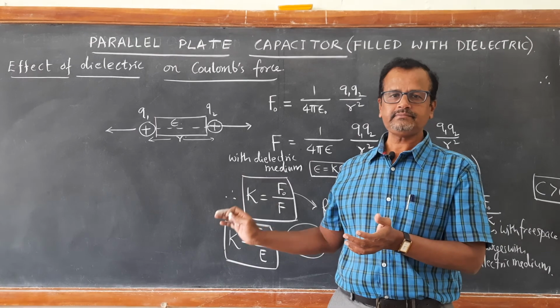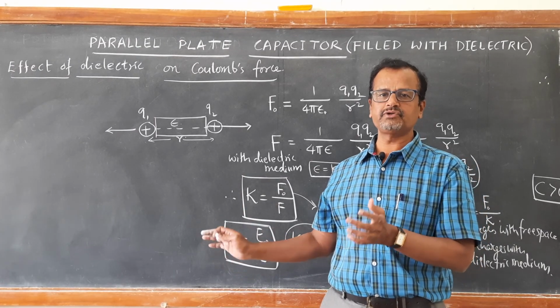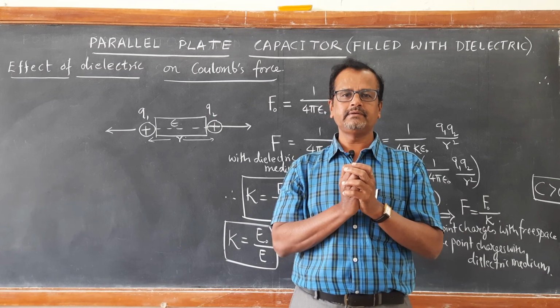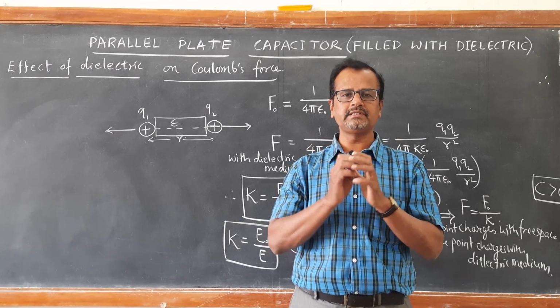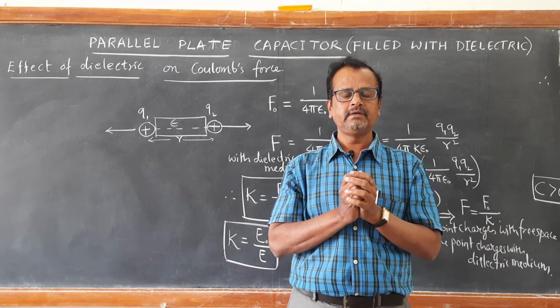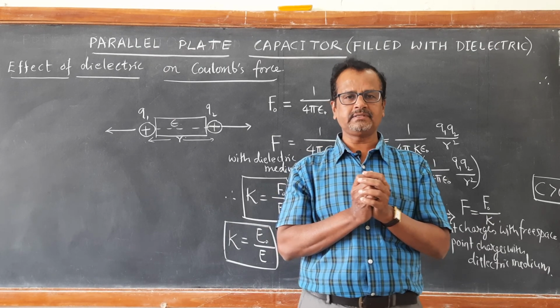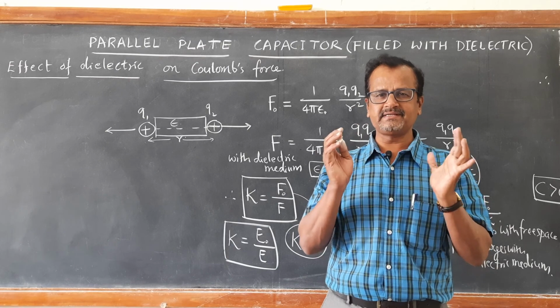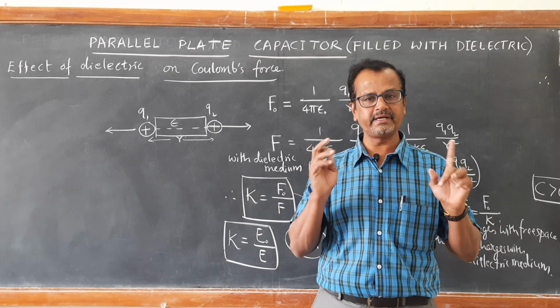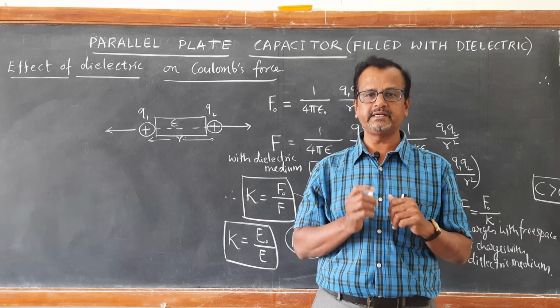With insertion of dielectric in the space of any type of capacitor, the capacitance of the capacitor enhances by factor K, where K is called the dielectric constant.